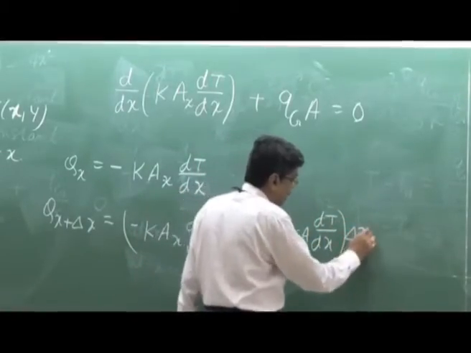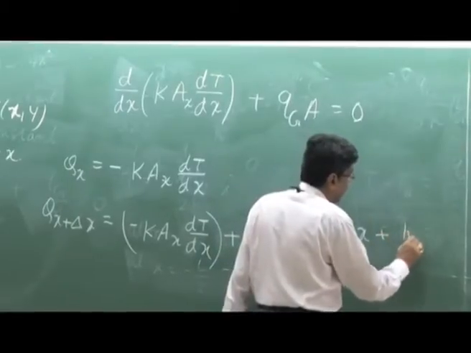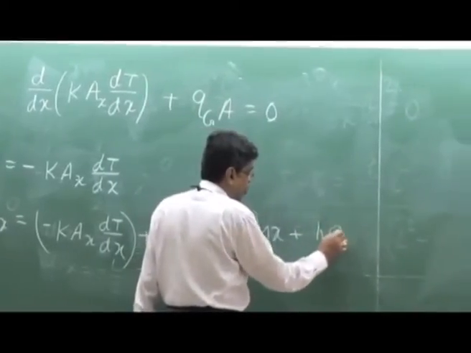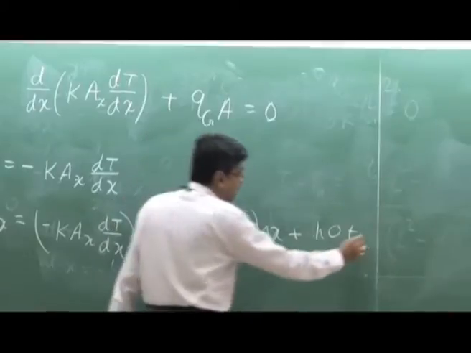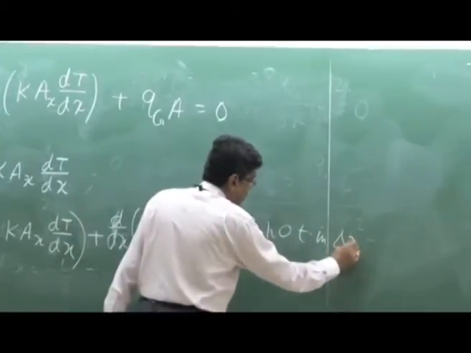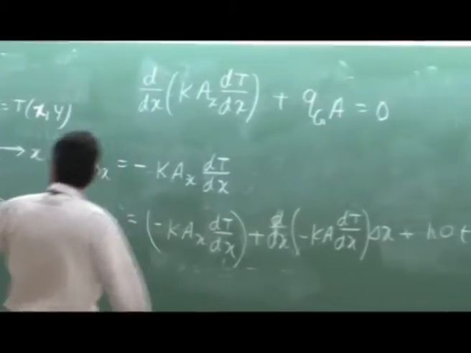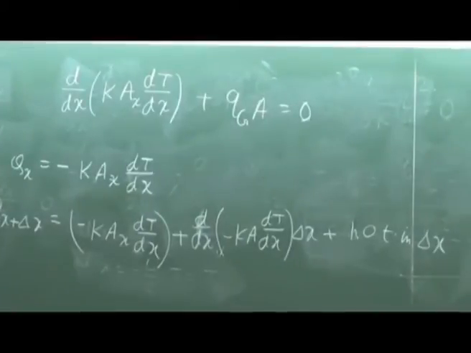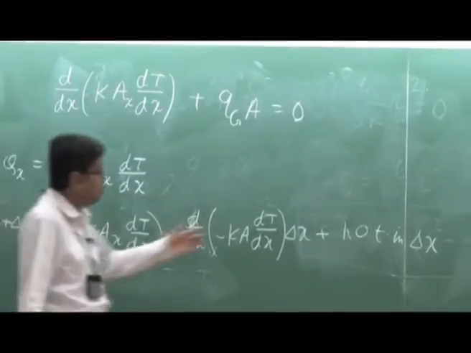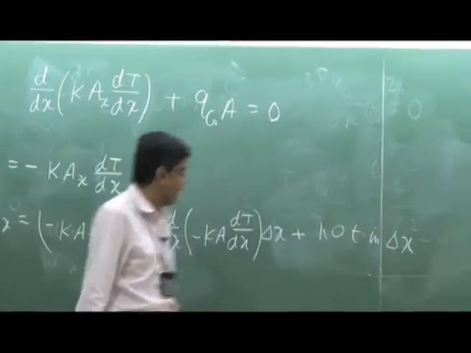But this is an infinite series. We have to take higher order terms, HOT I am writing, higher order terms in delta x. That means delta x square by 2, delta x cube by 3. You know the Taylor series. Since delta x is extremely small, in the limit tending to 0, these terms are neglected.